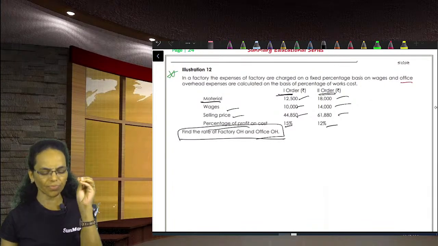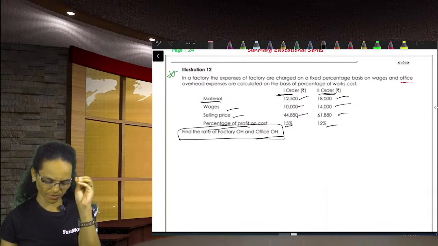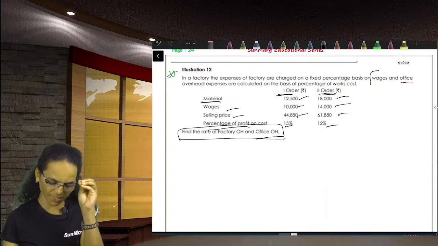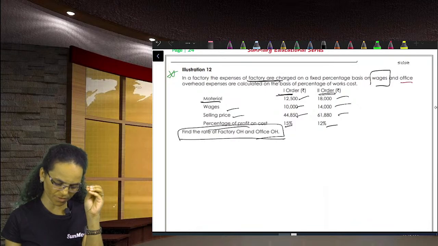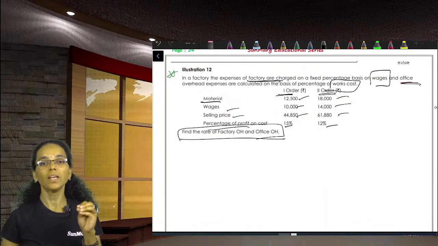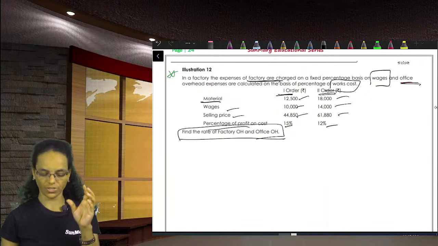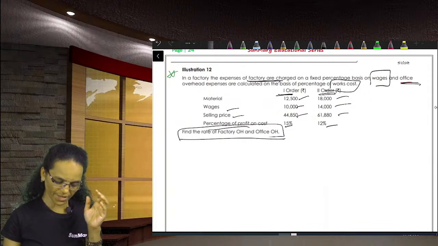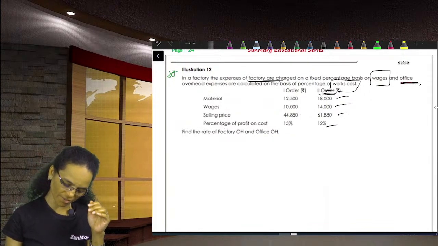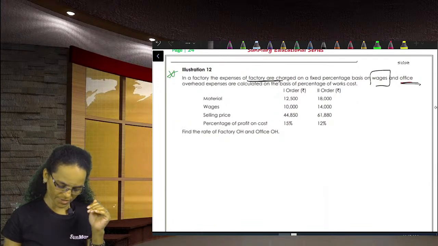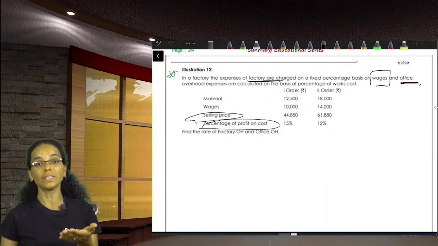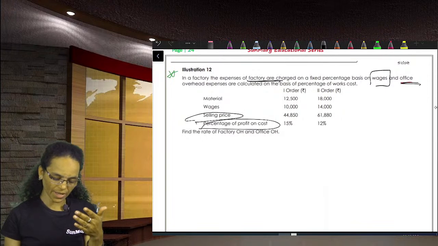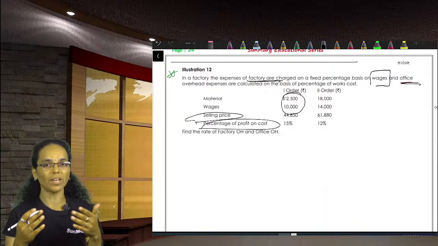They are saying some percentage of wages is the factory overhead, and some percentage of works cost is the office overhead. We need to calculate what those percentages are. Here they have given everything: selling price and profit percentage. Selling price minus profit is your cost, and in cost also some elements are given.